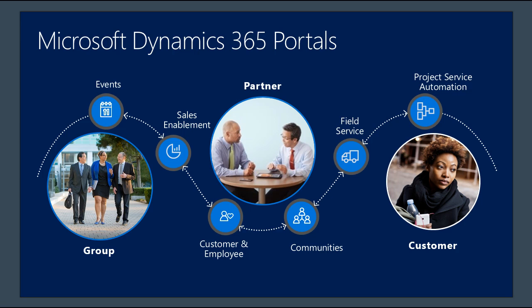We've got sales enablement for partners, things like opportunity management and registration, customer and employee self-service, and that's usually connected with a community portal as well, some way of managing a community. And then we've added field service and project service automation data packs in this last release that really link to the different data components of field service and PSA, allowing for customer and partner experiences there as well.